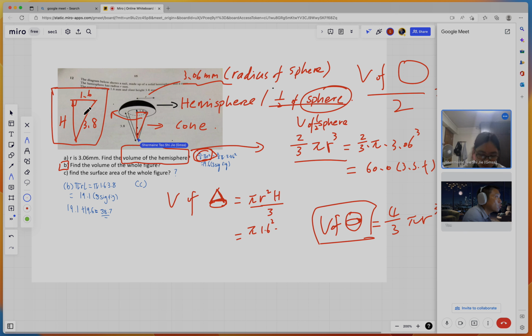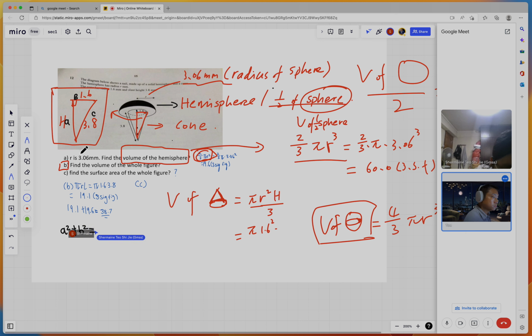Yes. So which one is your A? Can you label here? Which one is your A? Which one is your B? Which one is your C? Label in the diagram. Okay, very good. Can you form a formula to find your height, in this case, which is the A? Go ahead. Continue.